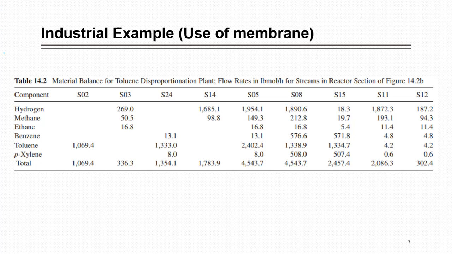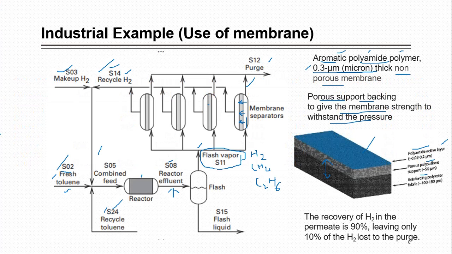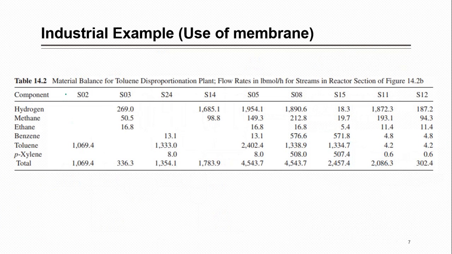Based on this you can see overall, as I told you, these are streams. If you remember, S02 was toluene entering the system. Here you can see that its composition is overall toluene, 1069.4, and its unit is pound mole per hour. So its flow rate is given in pound mole, and at the end of each stream the total is given, because this is only one component.